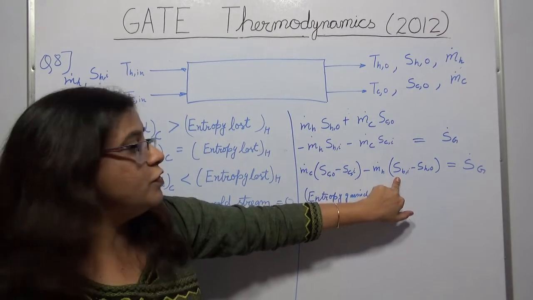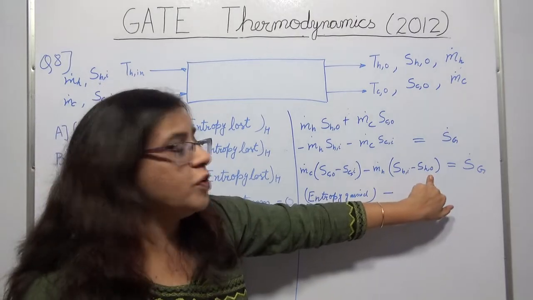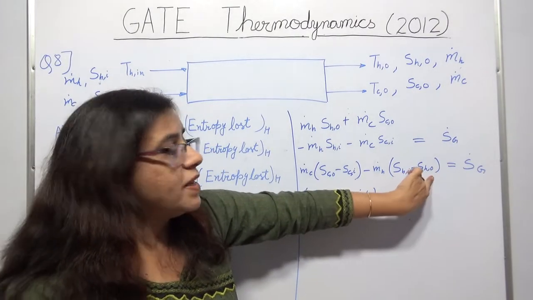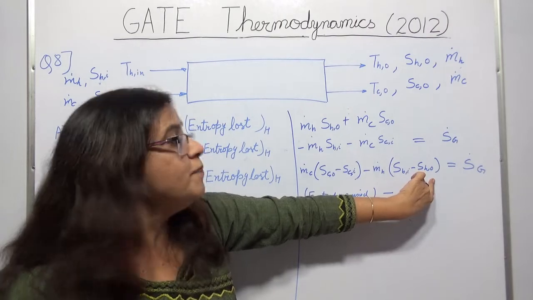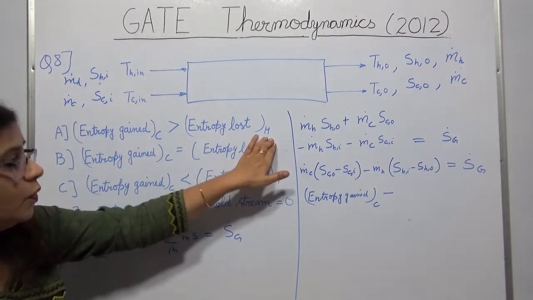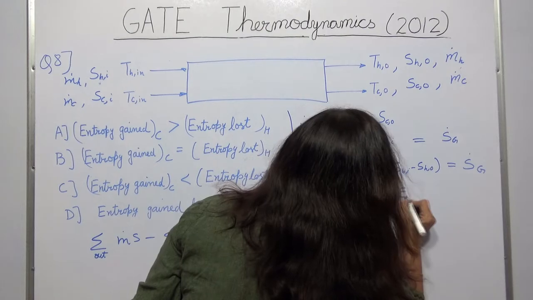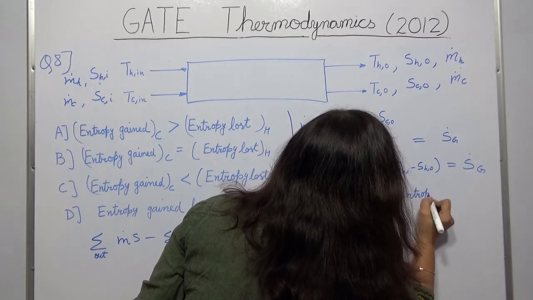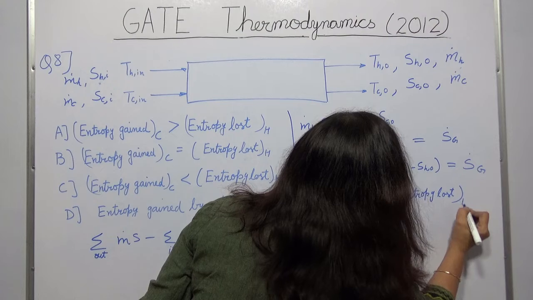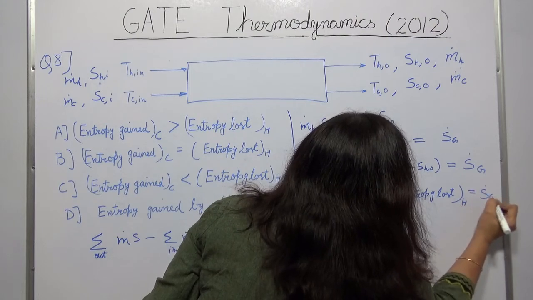Entropy of the stream which is going in minus entropy of the stream which is going out. So this is the entropy lost by the hot stream. And that is equal to entropy generation.